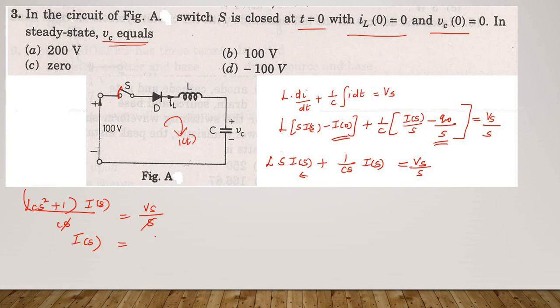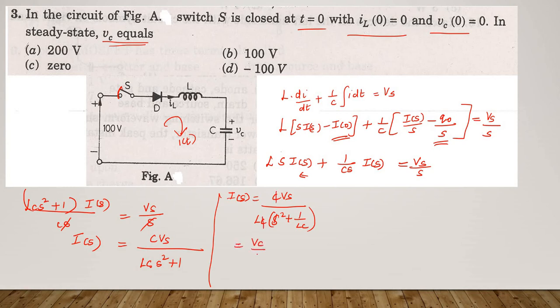What is I of S? I of S is C into Vs divided by (LC S square plus 1). Next, I of S is C Vs, take LC out, so S square plus 1 by LC.